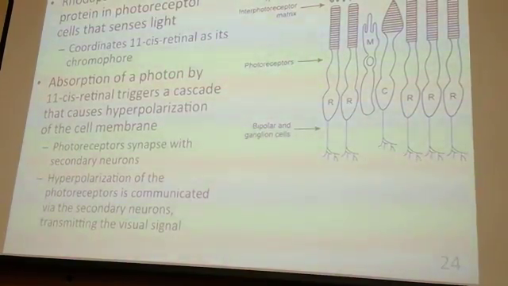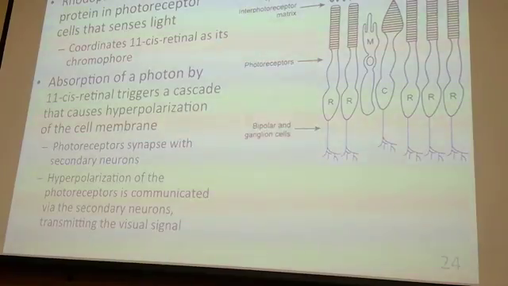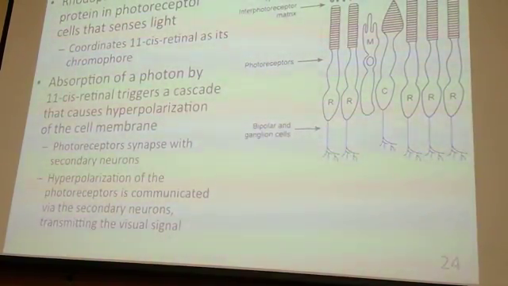So absorption of a photon by 11-cis retinal is going to trigger a cascade of reactions that end up resulting in hyperpolarization of the membrane of the cell, which can then be transmitted to secondary neurons, which then communicate with the visual cortex of our brain and the occipital lobe. Okay?